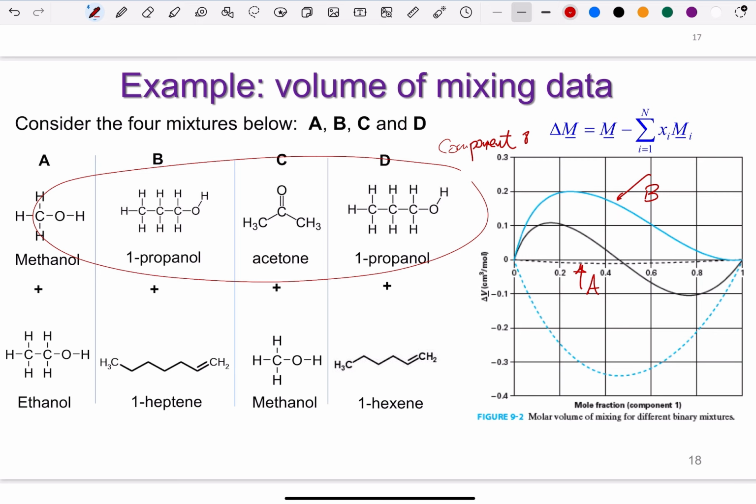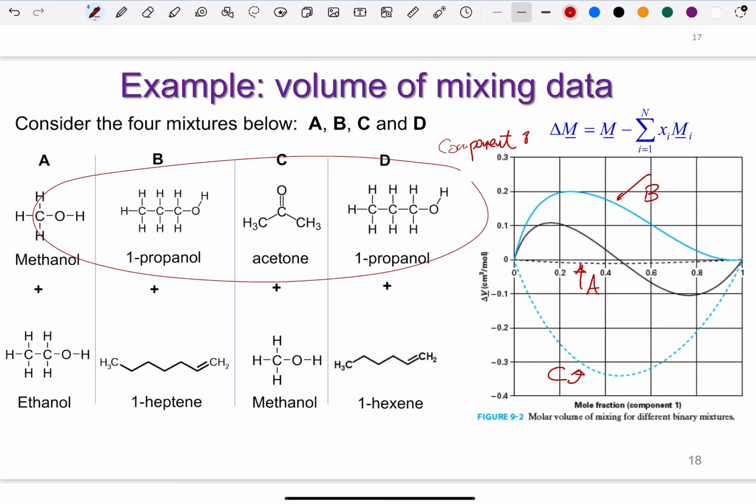In case C, you are going to have negative delta V of mix, meaning that volume is going to decrease over all the mole fractions that you have. You can create hydrogen bonds between the acetone and methanol. That's why this is happening, if you want to look into the interaction.